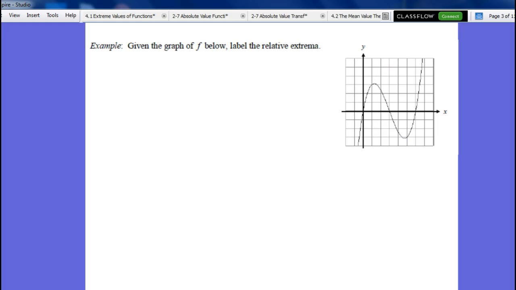Okay, so given the graph of f below, label the relative extrema.